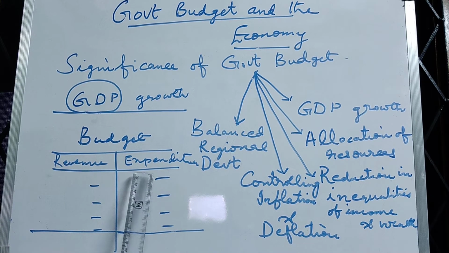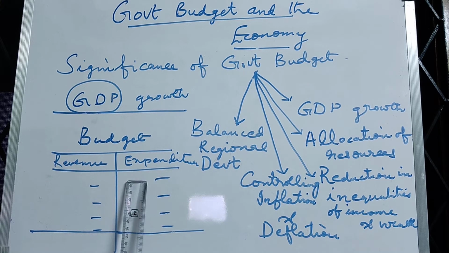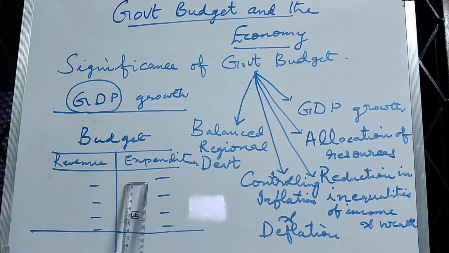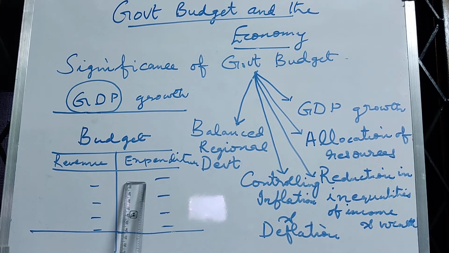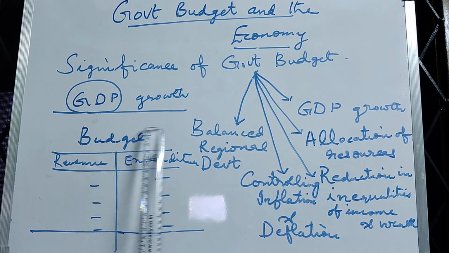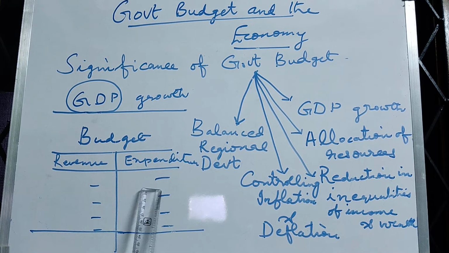For example, the government spends more money on the construction of dams, railway lines, roads, and industries. The government spends money on providing subsidies to the people and producers, subsidy to the farmers, and MSP, minimum support price, to the farmers. Like that, the government spends money on different and varied items.